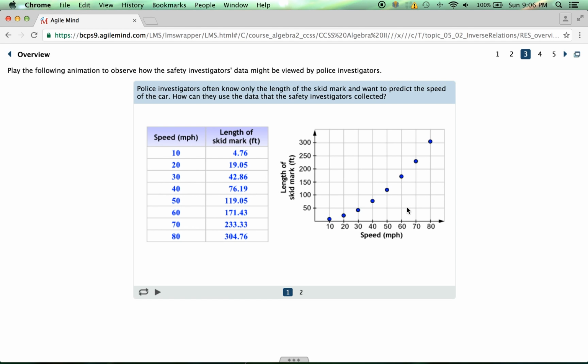We saw that it was easy to plot the length of the skid mark as a function of the speed of the car. Can you use this information to get the opposite, starting with the length of the skid mark and figuring out the speed of the car?